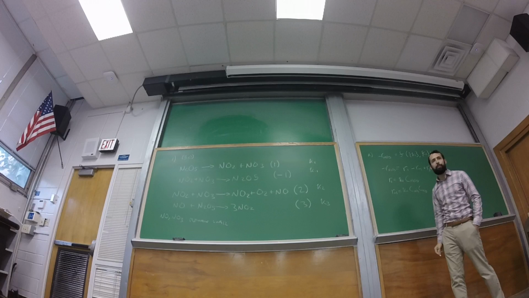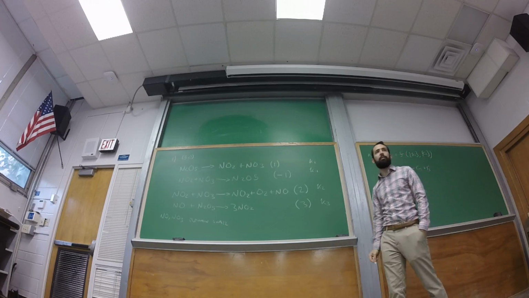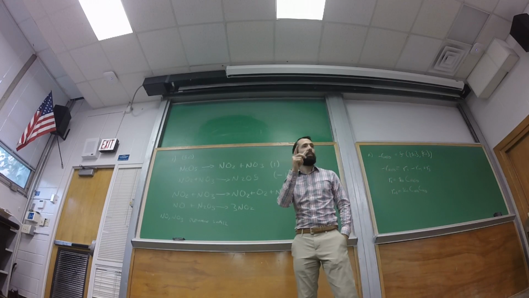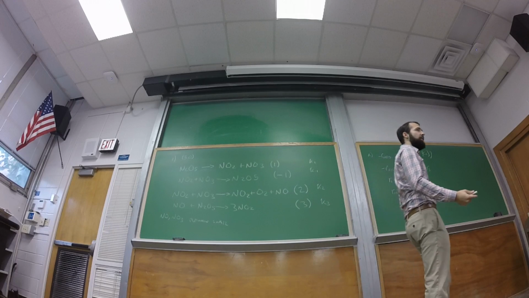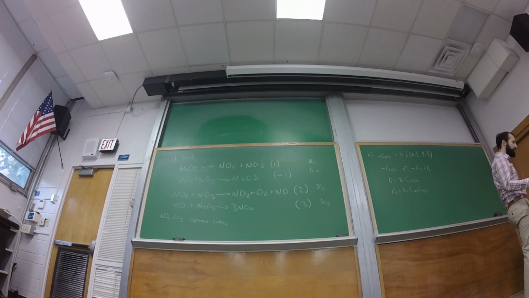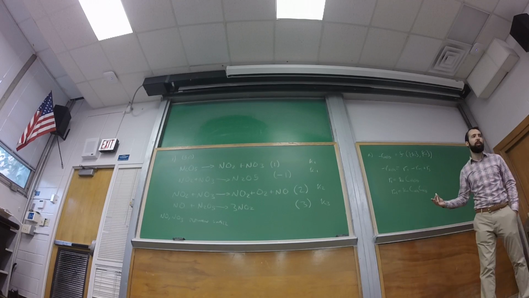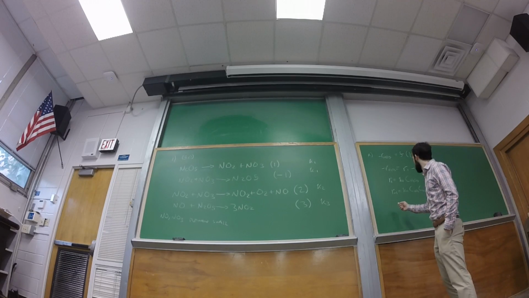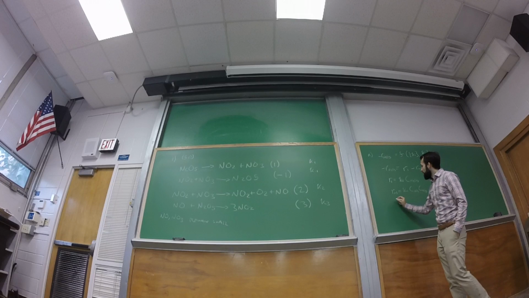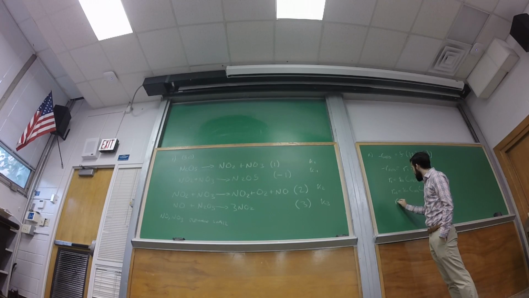So have we made any assumptions as we write these out? These are elementary steps. If you're given a list of mechanisms, that's usually safe. I look back at this problem statement, I actually don't see the word elementary anywhere. But without that assumption, you'd have been hard pressed to do anything. Okay, and then R3.